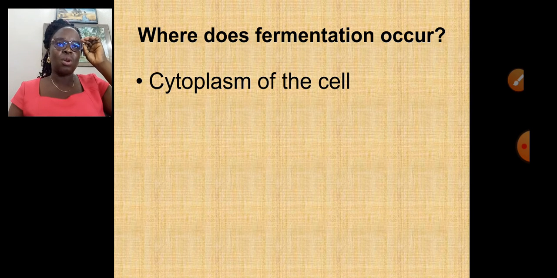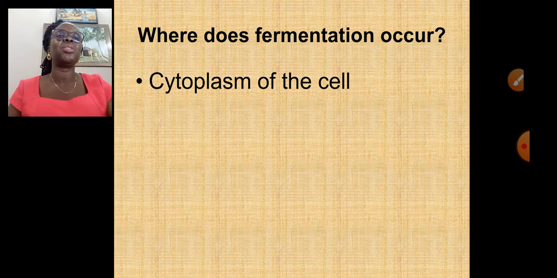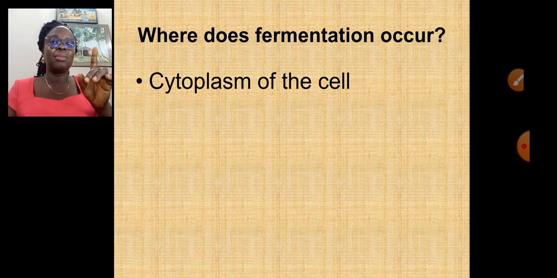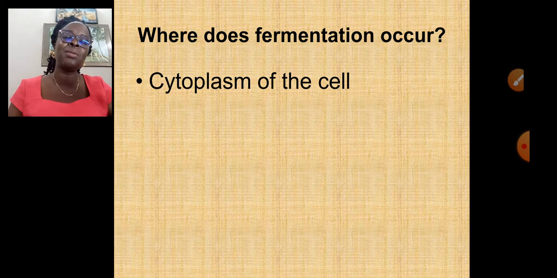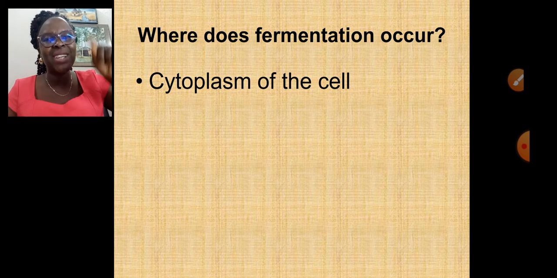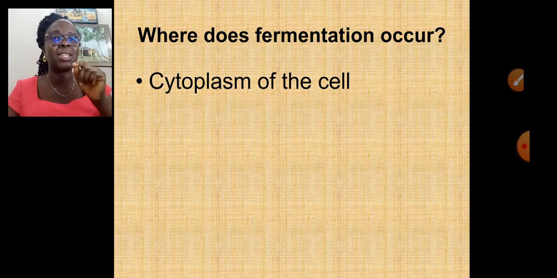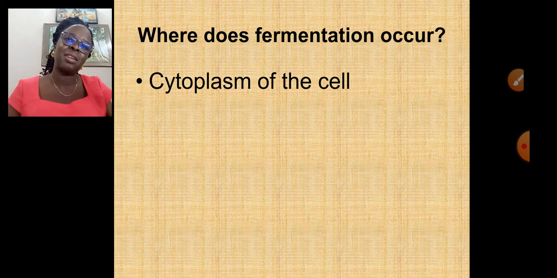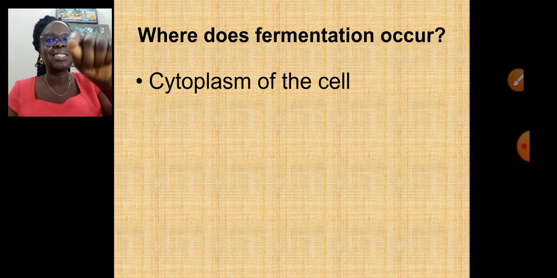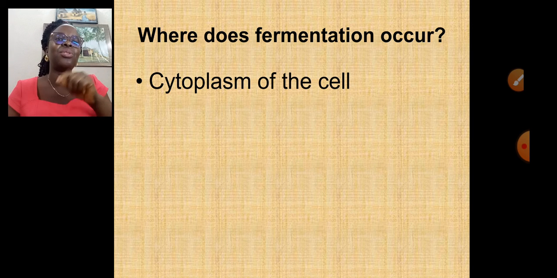Let's move on. So where does fermentation occur? Fermentation occurs in the cytoplasm of your cell. You should note that while fermentation occurs in the cytoplasm of the cell, aerobic respiration occurs in the mitochondria of the cell.